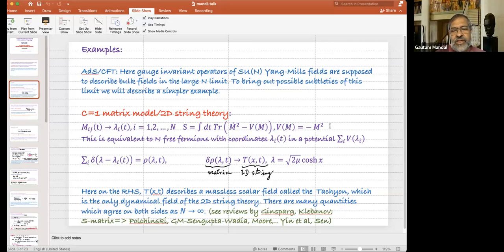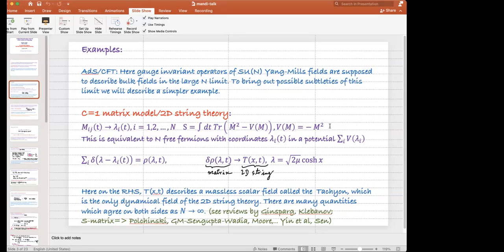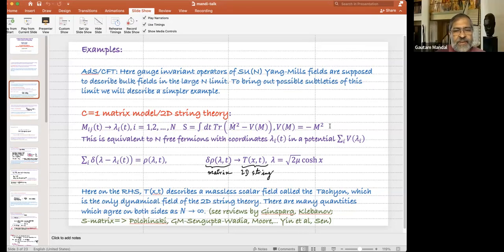Now, for reasons which I don't have time to get into, these eigenvalues behave like fermions. It's not difficult, but it will just take some more time. If somebody wants to know how that happens, I can explain that during the discussion time. So anyway, these eigenvalues become like fermions.